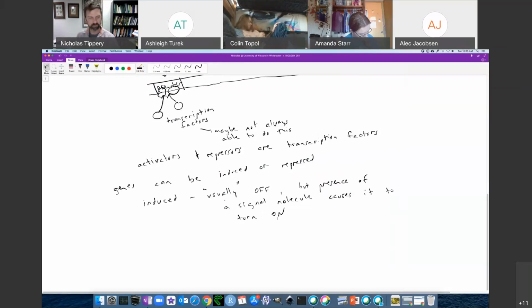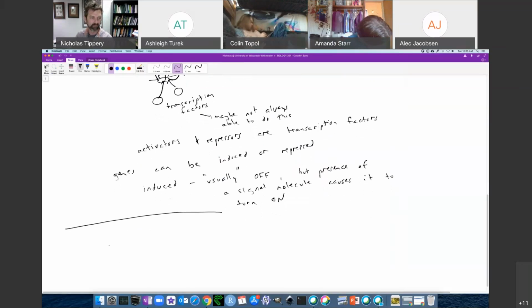All right, so let's take a little break and diagram this one. So basically, I've already talked about inducible when I talked about genes being induced. I think it's a little helpful to think about this inducible part. So inducible means that it's not usually on, but it can be turned on.